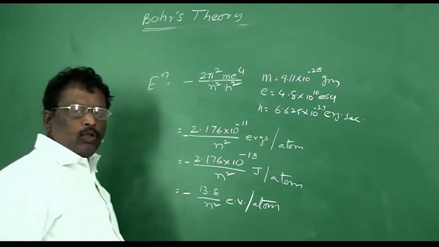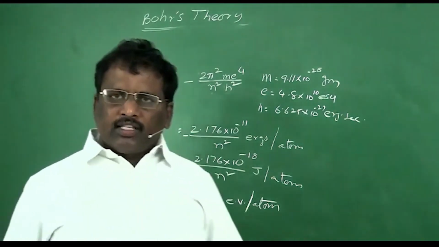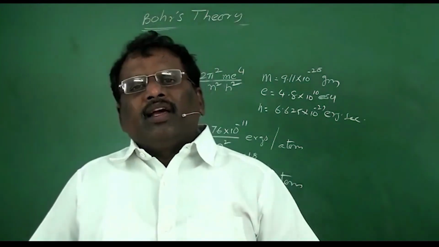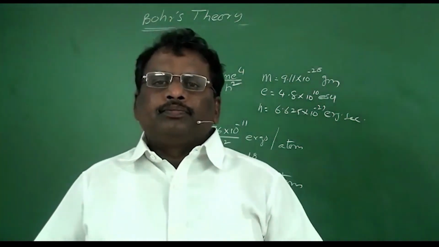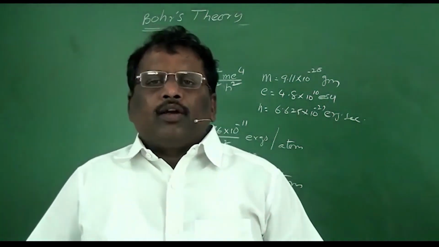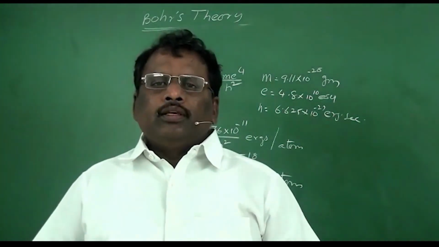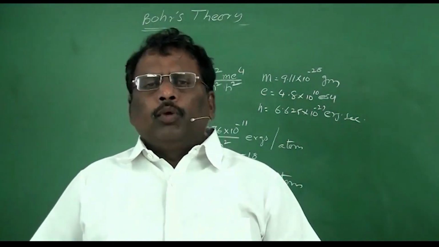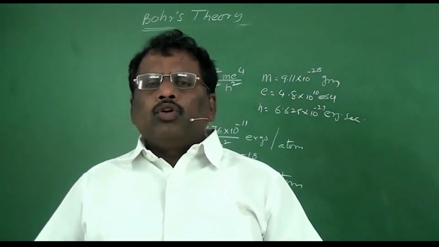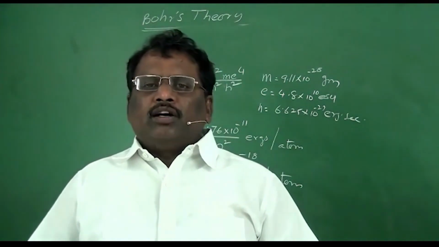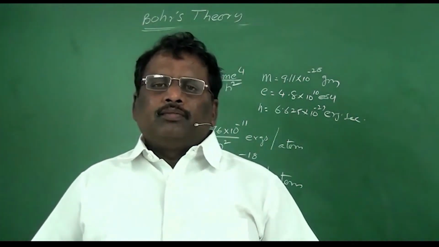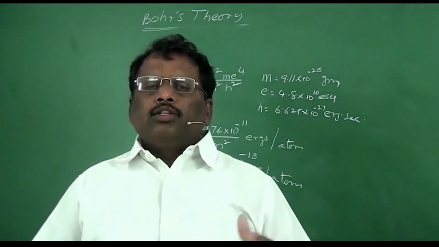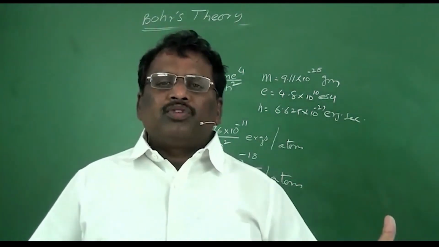So, Bohr's theory successfully explains the structure of the hydrogen atom and hydrogen spectra. He was able to calculate the energy of the energy levels of the hydrogen atom. Bohr's calculation is almost equal to the radius of the hydrogen atom, because according to Bohr, the radius of the first energy level is 0.529 angstroms.